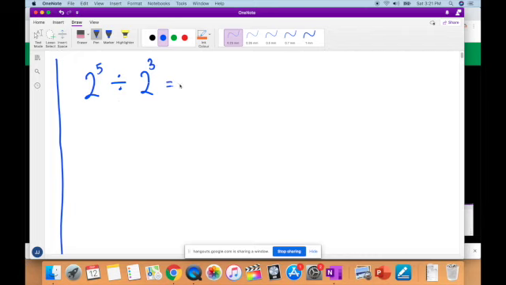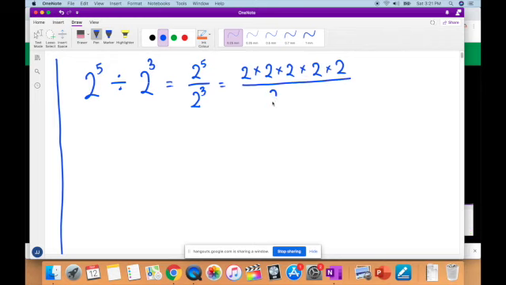This is the same as 2 to the power of 5 divided by 2 to the power of 3, right? Which is 2 multiplied by itself 5 times divided by 2 multiplied by itself 3 times.